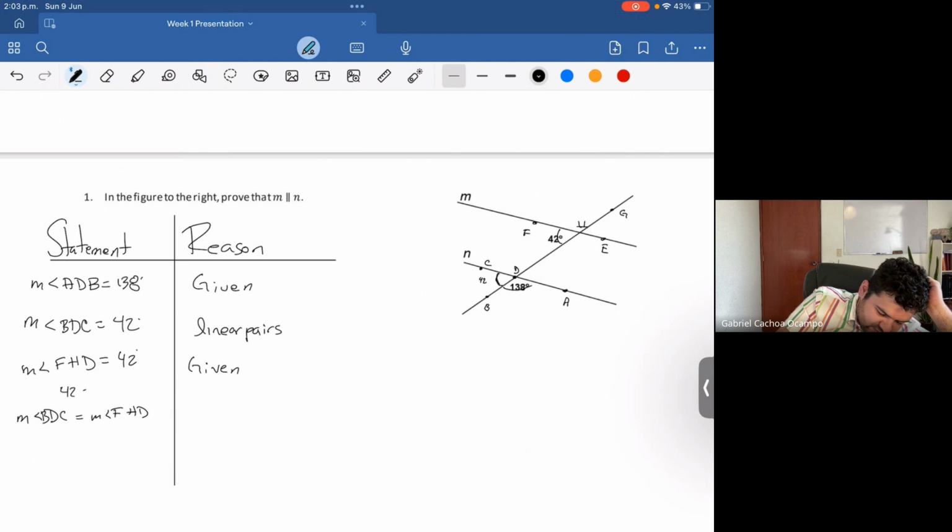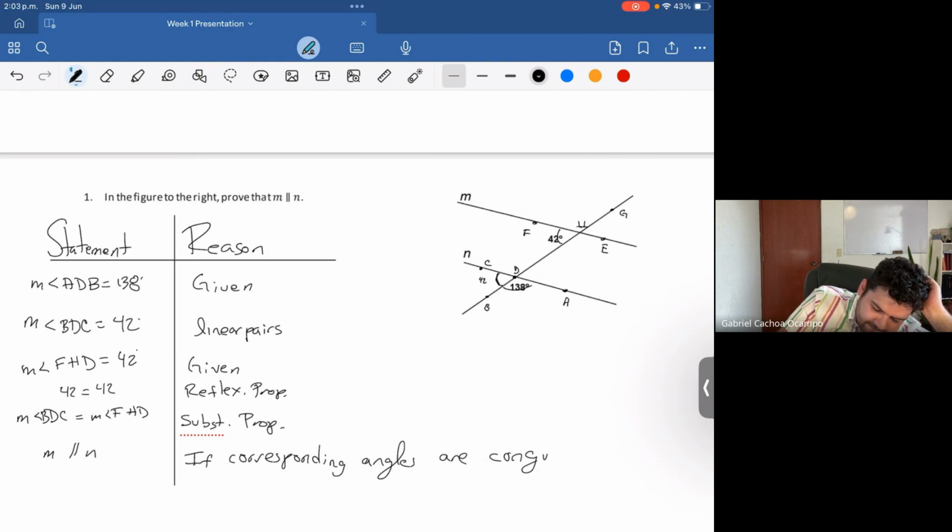Well, I can write 42 equals 42, so reflexive property. And then I can write this by doing substitution property. And now we can state that line M is parallel to line N because if corresponding angles are congruent, then lines are parallel.